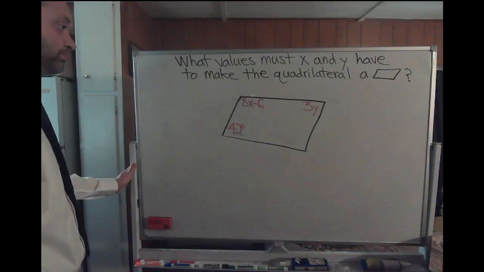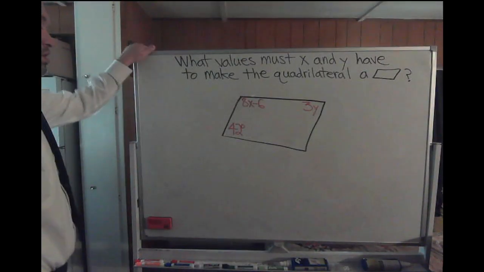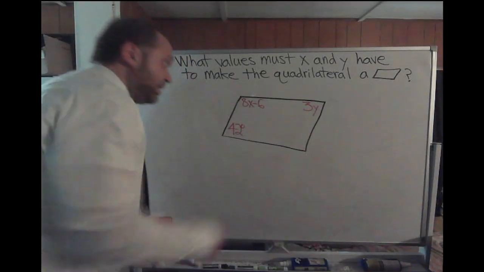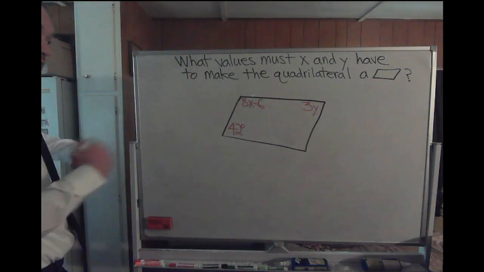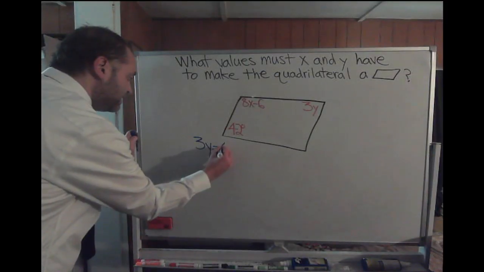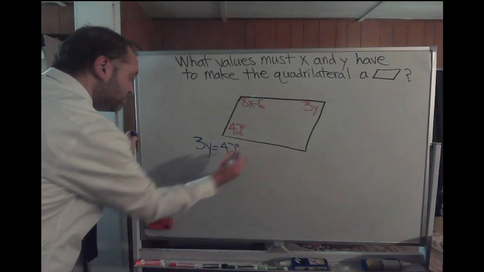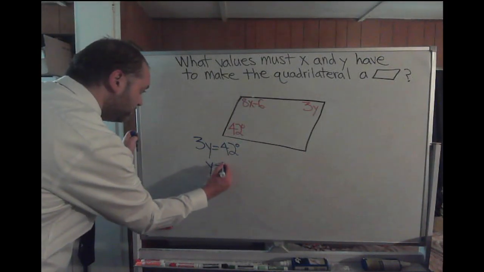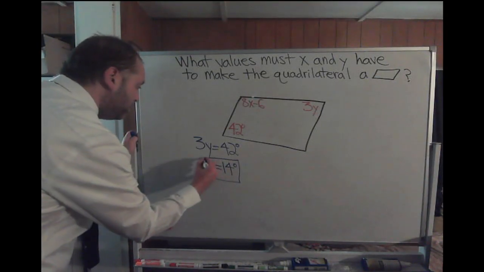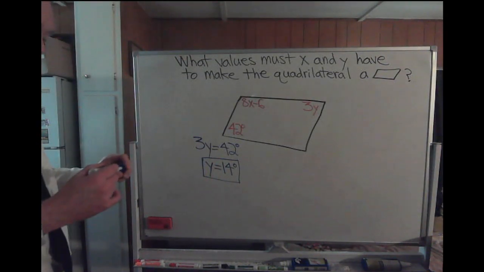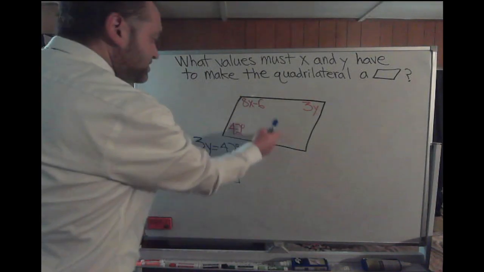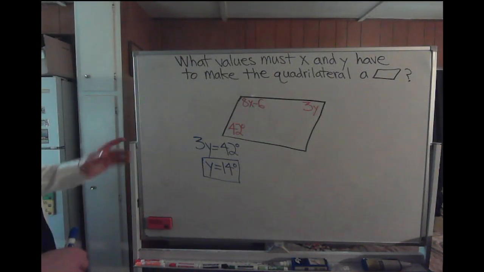Well, right away we can solve for y, because if this is a parallelogram, then opposite angles are congruent, right? So you're just going to take that 3y, set it equal to 42 degrees, which would mean y equals 14 degrees. All right, that was easy. Now what about solving for x?